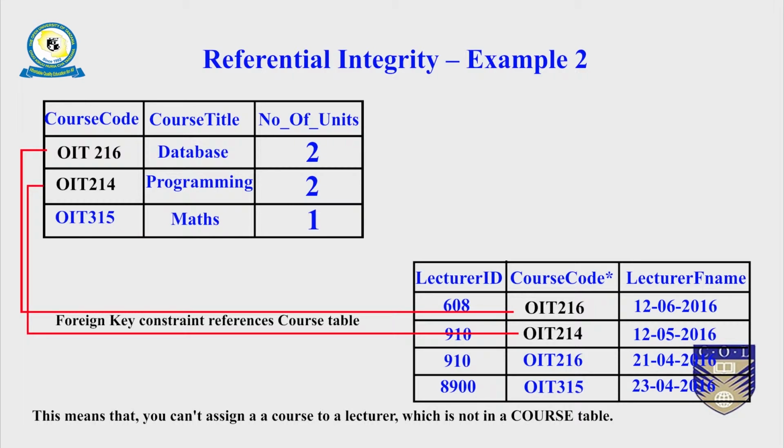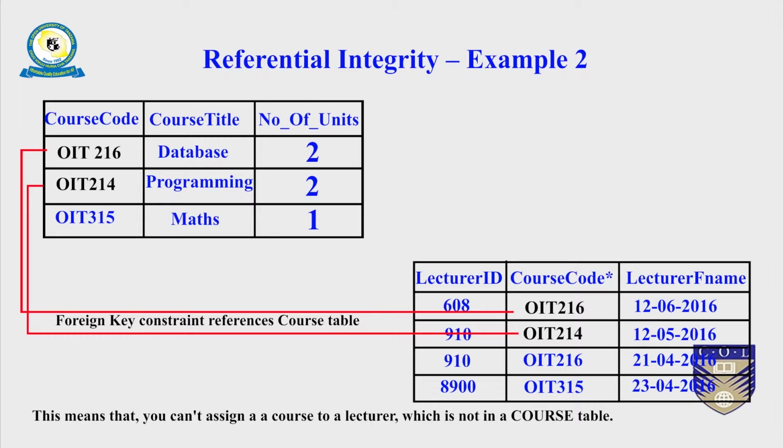In order to ensure that referential integrity holds, it means that all course codes that are in the lecturer table must be in the course table first. That there must be a primary key in the course table first for referential integrity to hold.